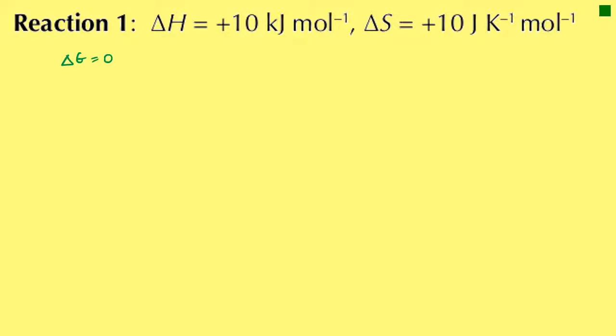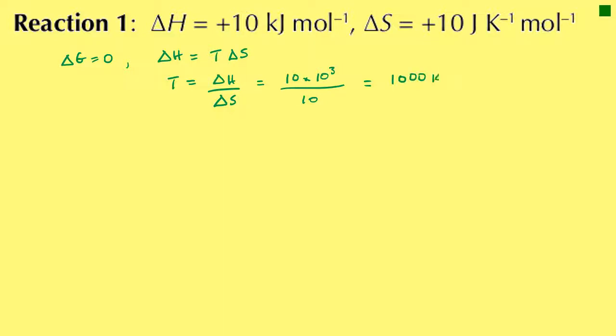And if delta G is 0, then from our equation we can set it to 0, in which case our enthalpy change is going to be equal to the term T times delta S. And we can rearrange for T, so T equals delta H over delta S, and in this case our delta H is 10 times 10 to the 3, and our delta S is 10, and so the temperature comes out at, I think, 1000 Kelvin.